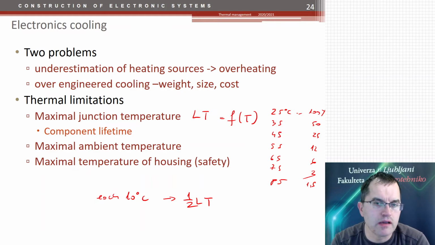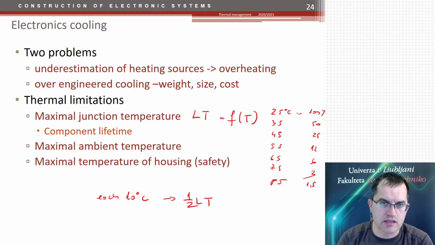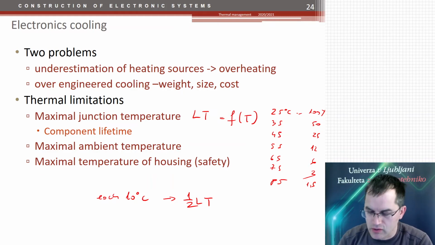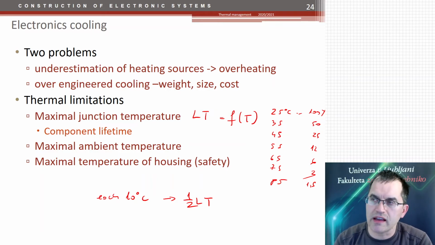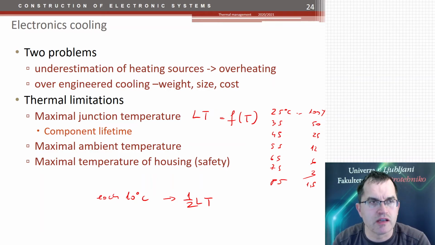If you have a power amplifier or a power supply, for example, you have some cooling fins that might be accessible to touch. And of course, you have to take care that they do not heat too much. I think usually 60 or 65 degrees is the limit. So you have to take care of that too. So all that are the main limitations which you have to take into account when you are designing your device for cooling.